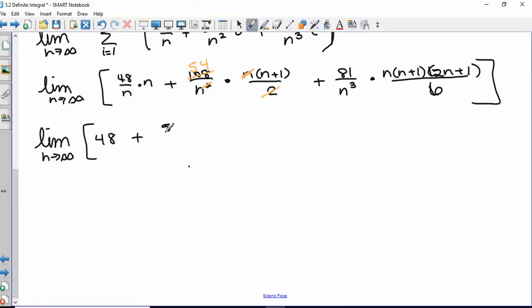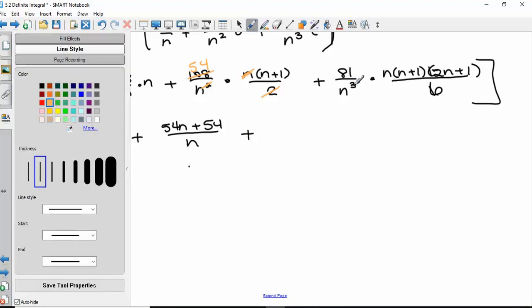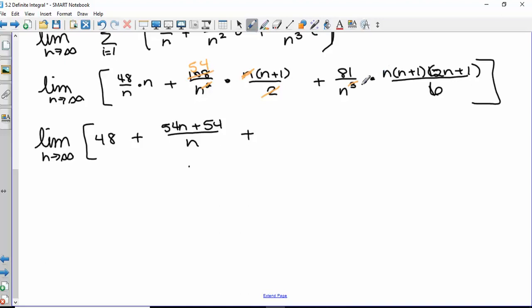So that will turn into 54n plus 54 divided by n. Cancel one of those n's. 81 and 6 equals 27 over 2.